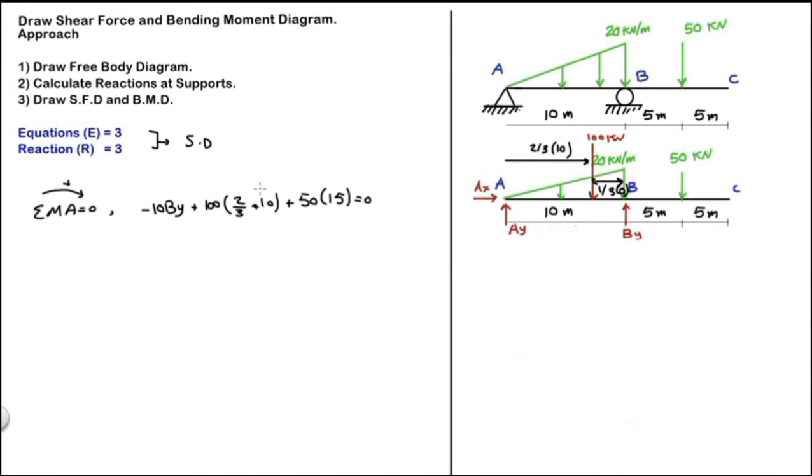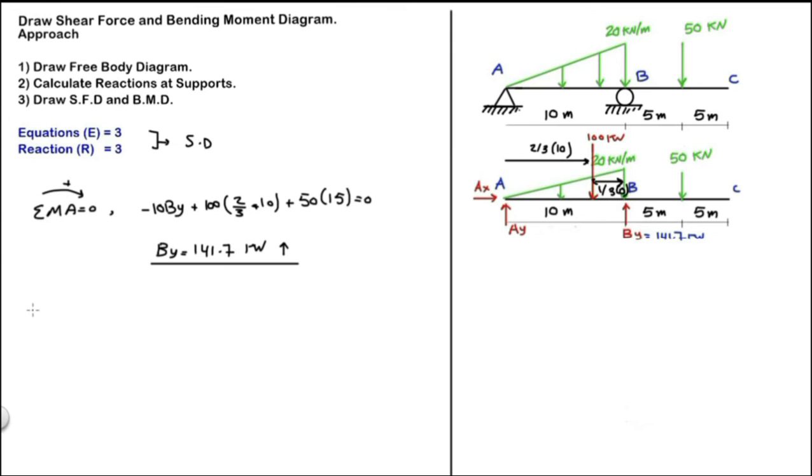This 2/3 of 10 is the distance from point A to the 100. Solving for By equals 141.7 kilonewton, and our assumption is correct.